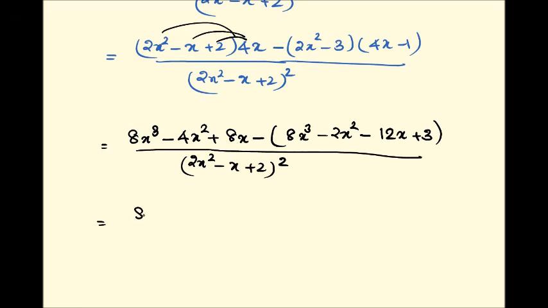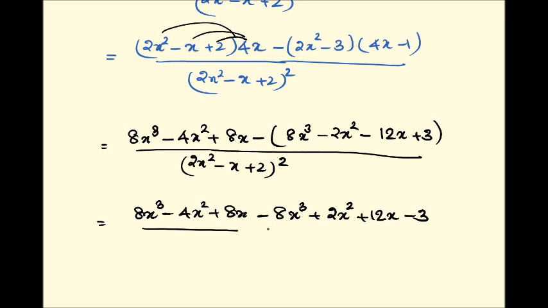That's equal to 8x cube minus 4x square plus 8x minus 8x cube plus 2x square plus 12x minus 3, the whole divided by 2x square minus x plus 2 the whole square.